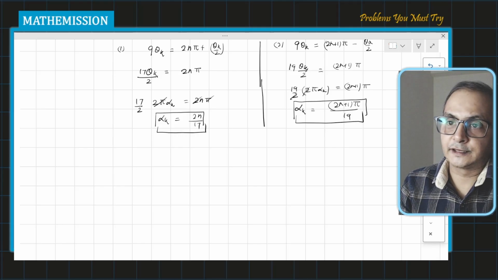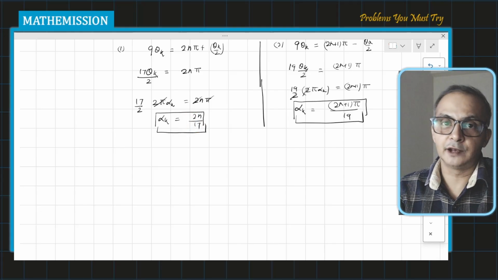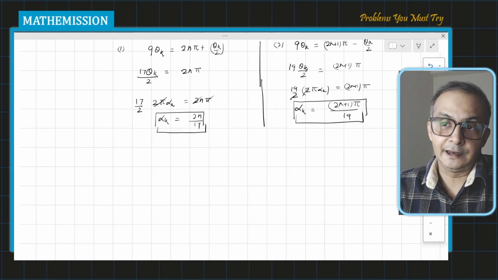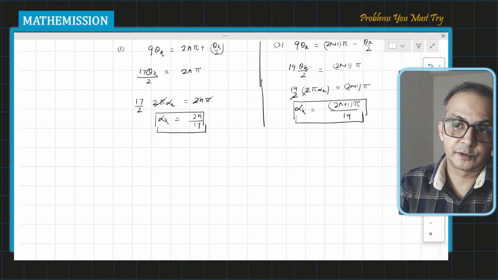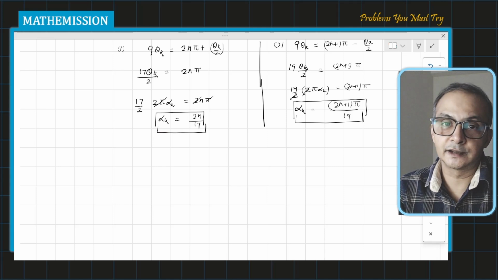Notice one thing, this alpha k, don't think that this is not dependent on n. The alpha k are the values of those alpha you are finding depending on n. So this k is a subscript only for counting the number of roots and also deciding the increasing order.